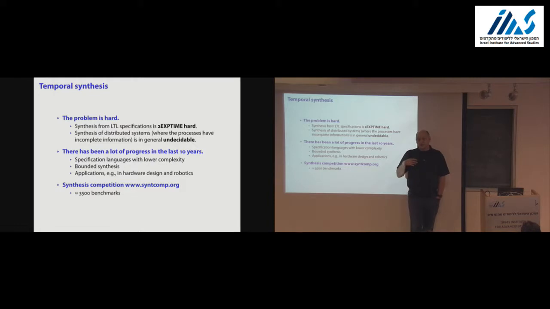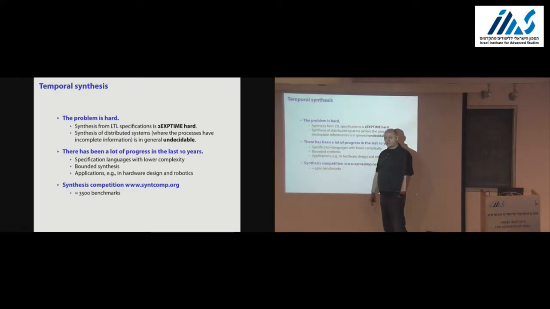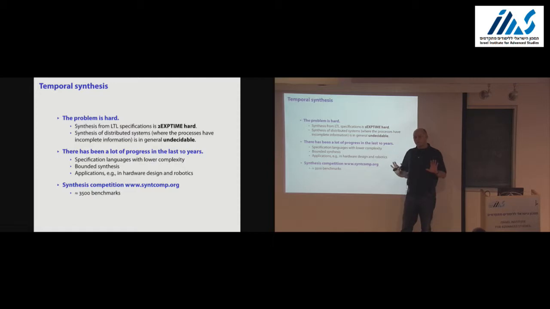Since a few years back, there's an annual competition at CAV that started out very basic, but more and more benchmarks are being collected. So now there are around 3,500 benchmarks, which is still far from where we want to be, right? Because many of these benchmarks are actually instances of families of benchmarks.